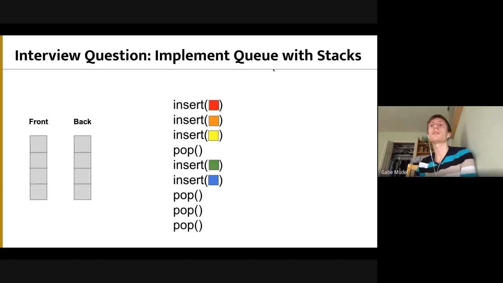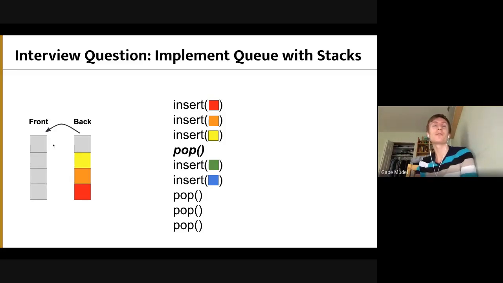Okay, so here we're implementing a queue with stacks in a visual way, and that should clear things up. We're going to insert a few things, pretty straightforward. And then when we pop, we can't pop from the front because the front stack is empty.